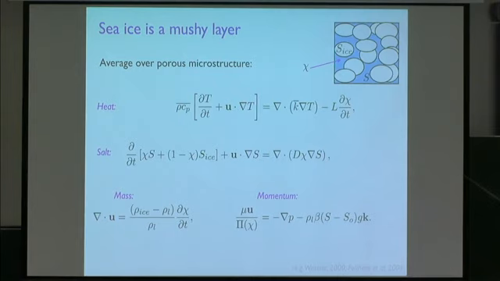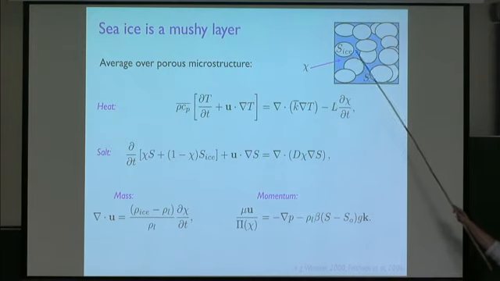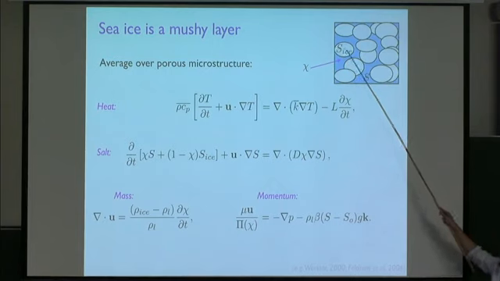I don't think it has actually been done for this particular system, although there's been a lot of work done for two-phase, solid, liquid, two-phase flow in the interior of the Earth, and also details of the momentum equation for Darcy's law in a rigid fixed substrate have also been looked at before. So what you do is you basically average over this microstructure, but you weight things according to their relative fraction of liquid, so this porosity or liquid fraction chi, and then the fraction 1 minus chi of material in between.